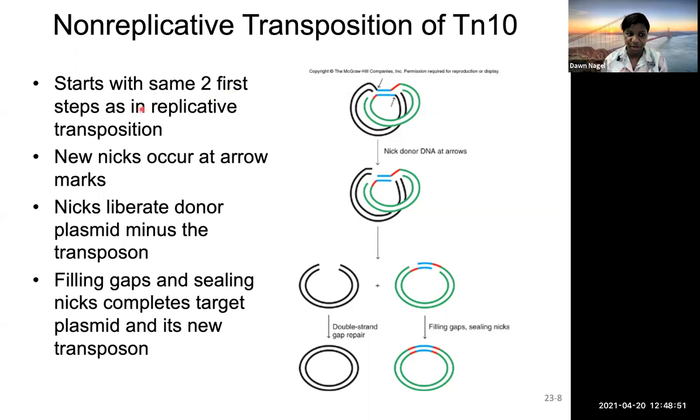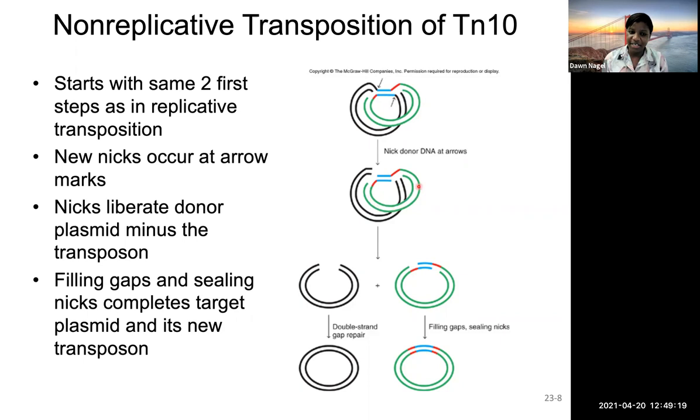So you start the same way. You have two plasmids, one black and one blue containing the transposable element. The green is the target location, the target plasmid. They will fuse together like you saw previously. However, the way that they get resolved requires cleaving of the DNA on both strands of that original plasmid.